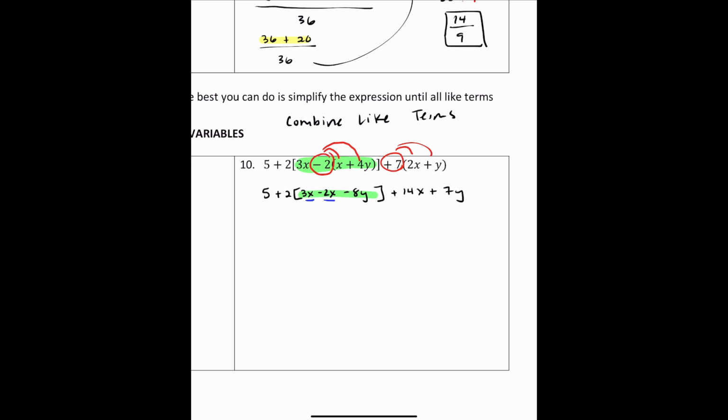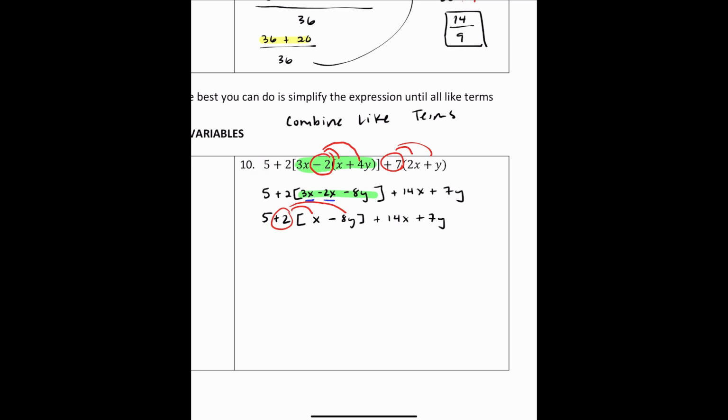So I have 5 plus 2 times x minus 8y plus 14x plus 7y. And then that positive 2 can finally get distributed to each term in the bracket.